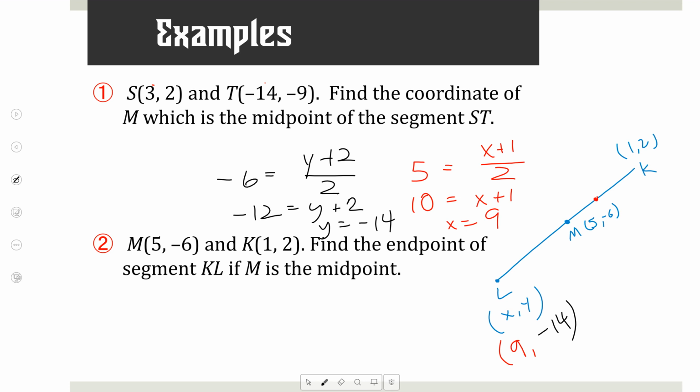I multiplied 5 and negative 6 by 2, then I added. Oh wait, I was supposed to get the right answer. Oh, never mind. I get the right answer.